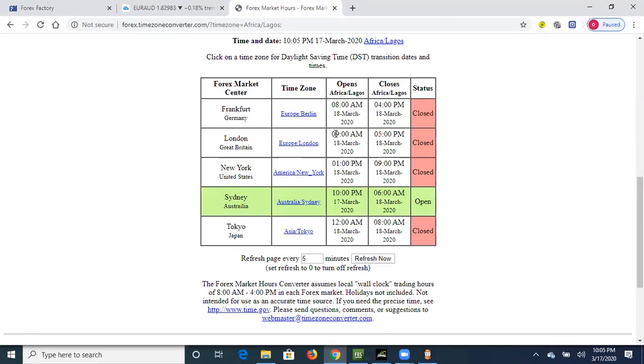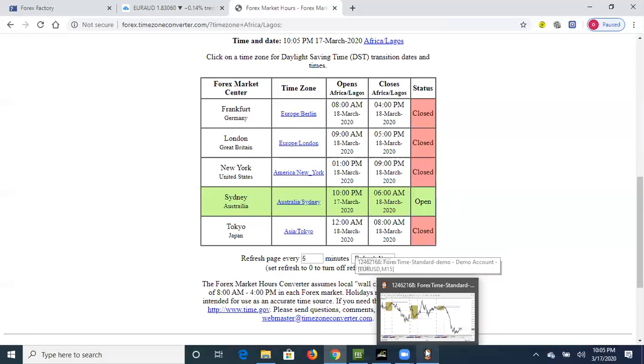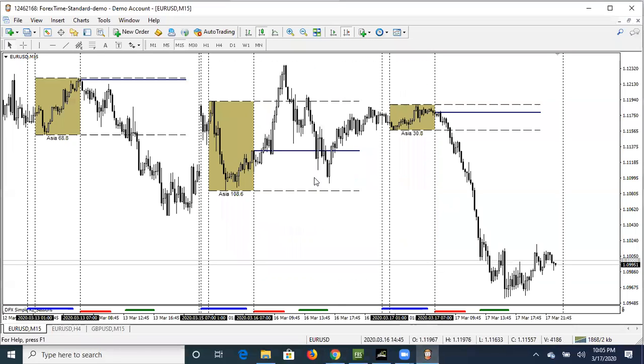London opens at 9 a.m. as at now, right? So if I go back to the chart, I have 2 hours before London opens. So if I'm up 2 hours before London opens, that's my Q zone, right? I'm up 2 hours before London opens.